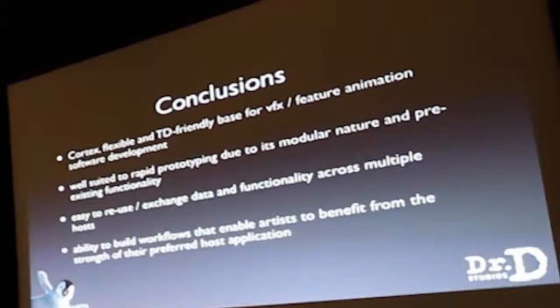And we found it well suited for rapid prototyping due to its modular nature and the pre-existing functionality. And it was really easy to reuse and exchange data and functionality across multiple hosts, which was important to us. And it gives us the possibility to build workflows that enable artists to benefit from the strengths of their preferred host applications.